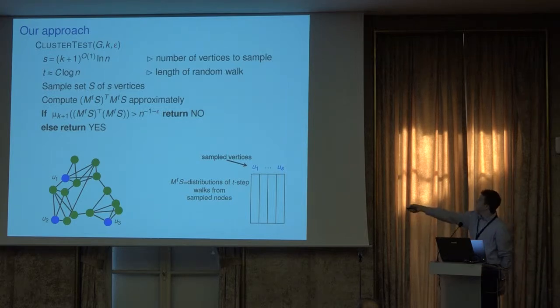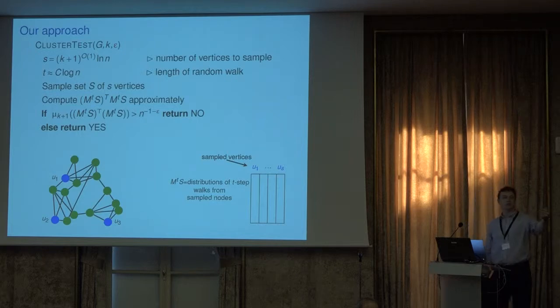After that, compute the k plus first eigenvalue of this Gram matrix and compare it to a threshold. The threshold turns out to be n^(-1-epsilon). Our algorithm says that if the k plus first eigenvalue of this Gram matrix is larger than this threshold, then probably the graph was shattered into at least k plus 1 components, and hence it's not k-clusterable, we return no. Otherwise, we return yes.